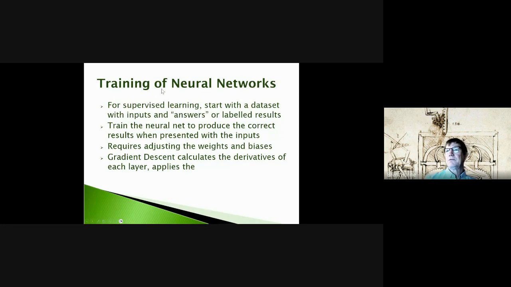All right. So as we talked about, we have this training of neural networks. For supervised learning, we start with a data set with inputs and answers or labeled results. We train that neural net to produce the correct results when presented with the inputs. This requires adjusting the weights and biases.